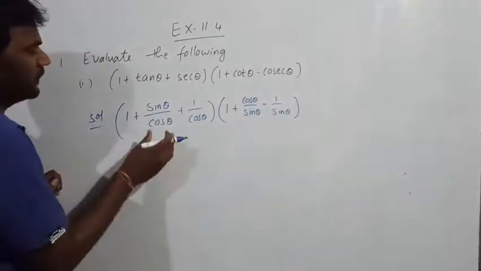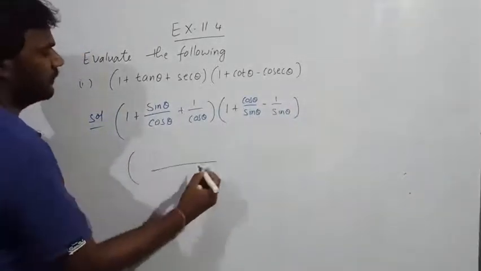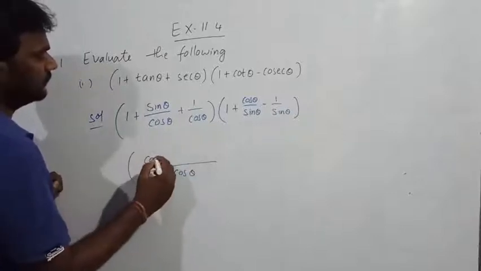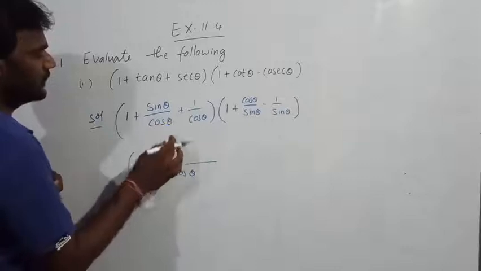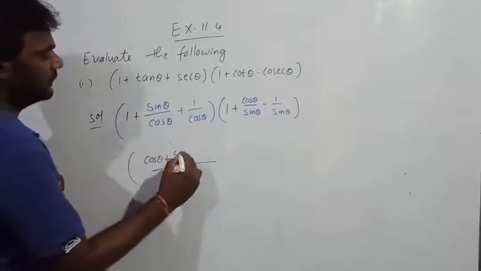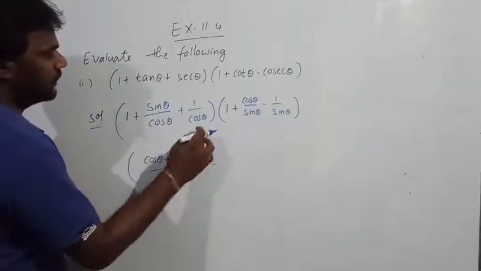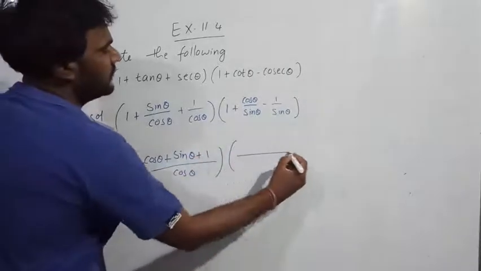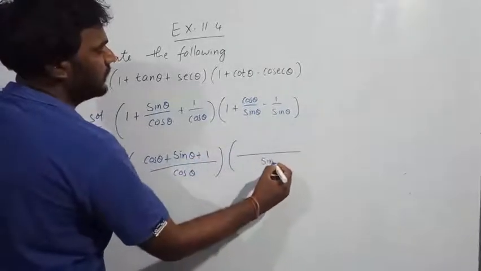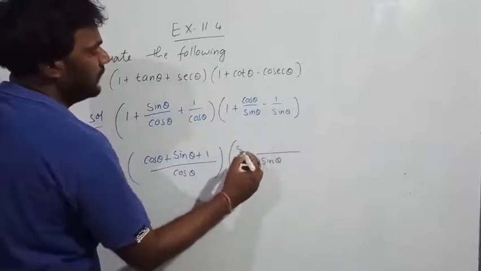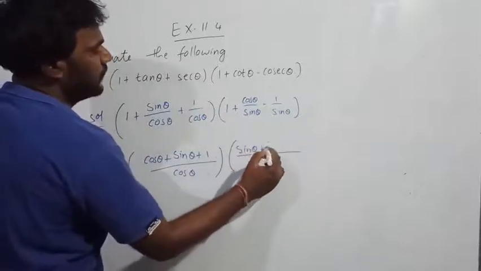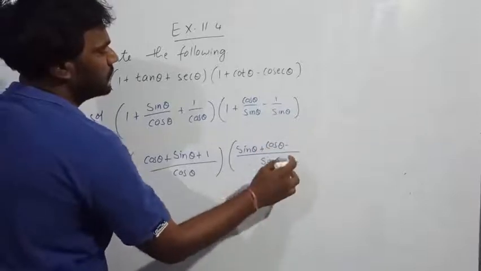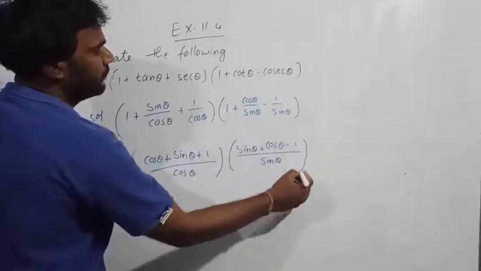Next here, LCM, what is that? Cos theta. So cos theta plus, already cancel, remaining sin theta. This one also cancel, remaining 1. Here LCM is what? Sin theta. So sin theta plus, this cancel, remaining cos. This cancel, remaining 1.